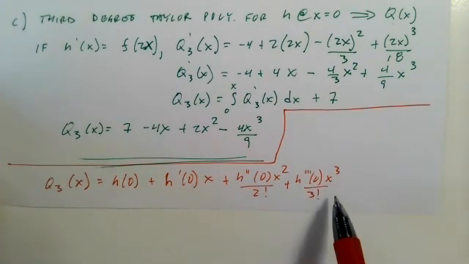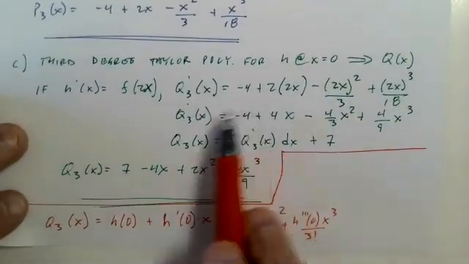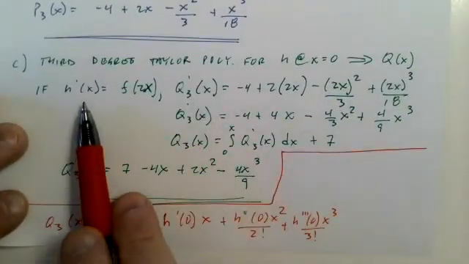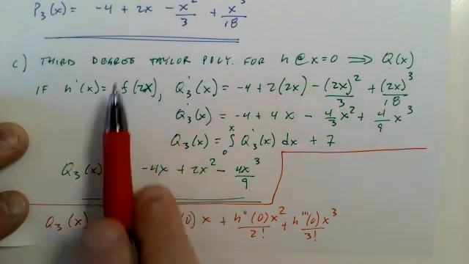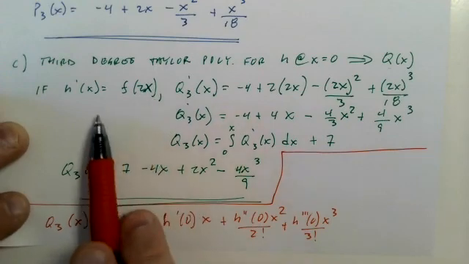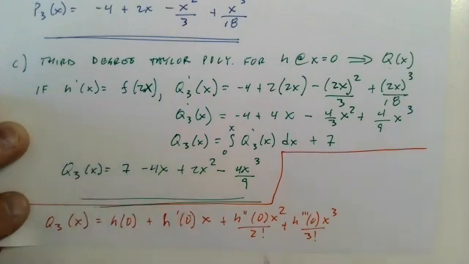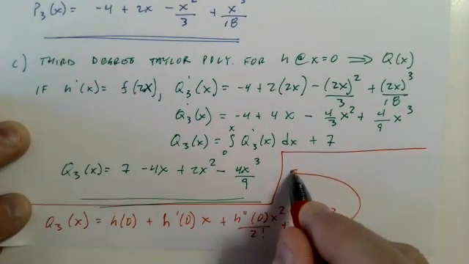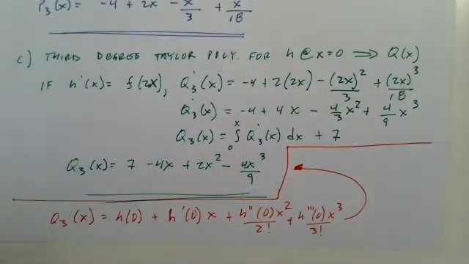You can do it this way and then use this fact right here: h prime of 0, plug in 0, get f of 0, and run with it from there. h double prime of 0 equals 2 times f prime of 2x, and you can do all that. It'll get you to the same spot. So if you did it that way, that's totally fine. Good luck.